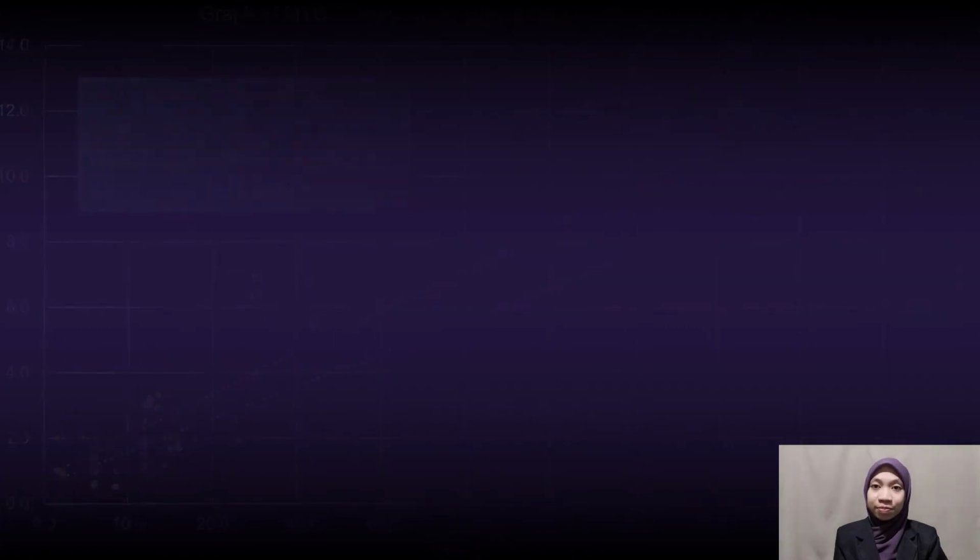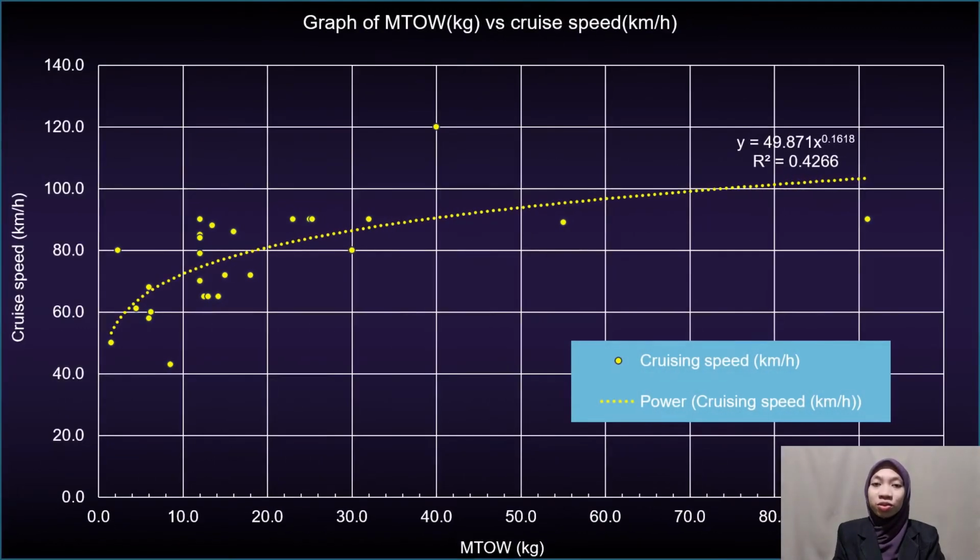The next graph shows the relationship between the maximum take-off weight versus the cruise speed of the UAV. From the graph, we can see that the cruise speed increases significantly at first, but then will slightly increase as the maximum take-off weight increases.